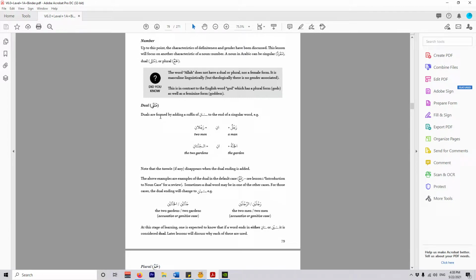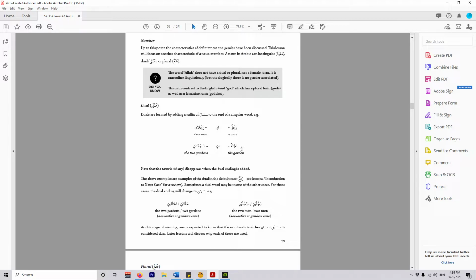So duals are formed by adding the suffix, and suffix means it's an affix or attachment that's put at the end of a word. And so the suffix of an, so if you have rajulun, indefinite, a man, you can convert it to be dual by just replacing the lun part with lani. So rajulani, rajulun becomes rajulani.